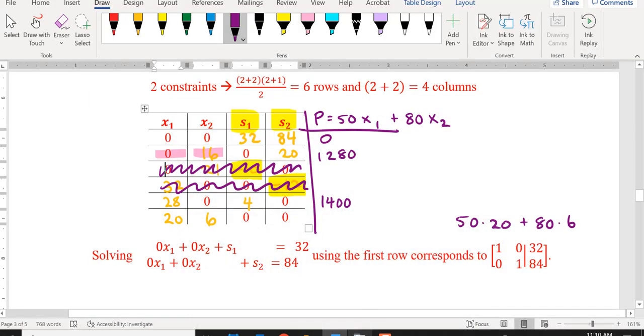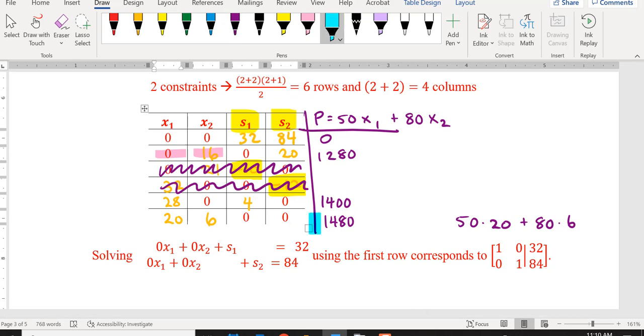Okay, which one is the maximum value? The very last one. The solution to this linear programming problem would be x1 is 20, x2 is 6. The maximum value of the objective function P would be 1480.